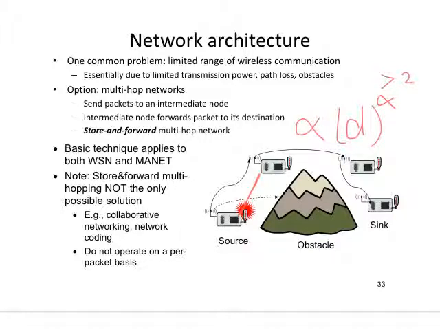So store and forward in multi-hop is not the only possible solution, even amplify and forward. You can use some collaborative networking in the sense that you can use not decode and forward, but code and forward.